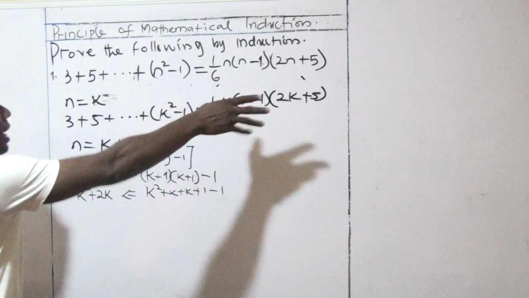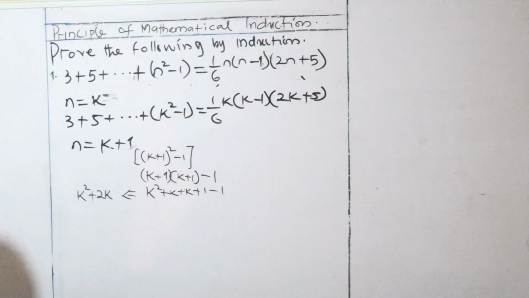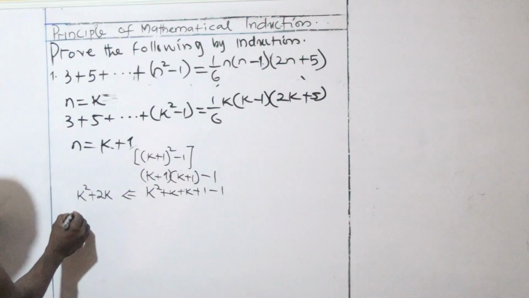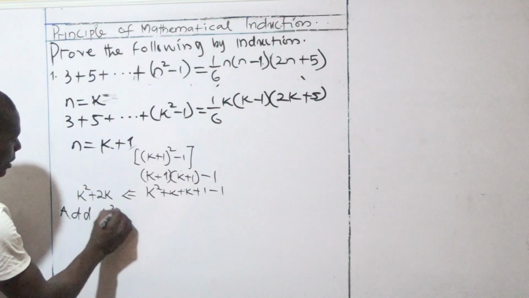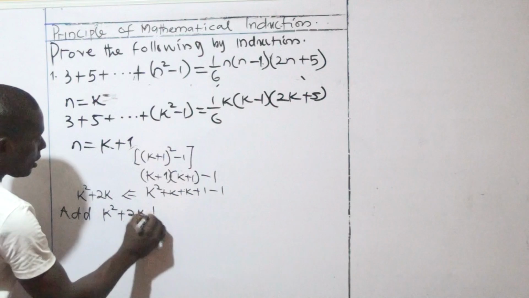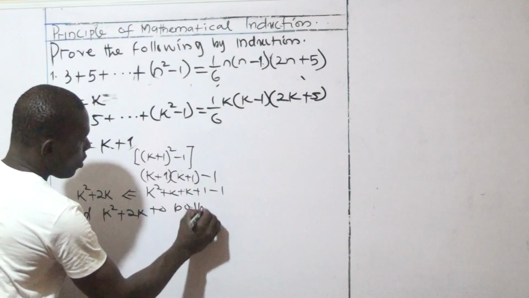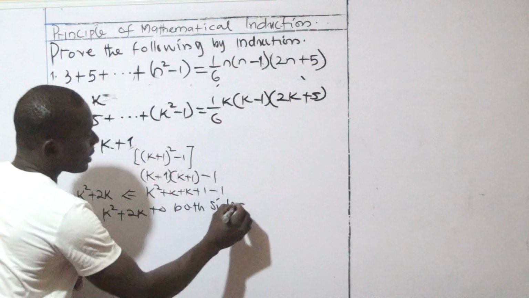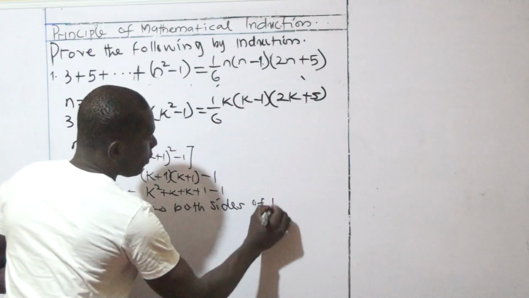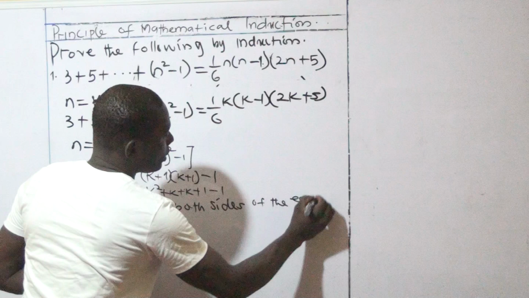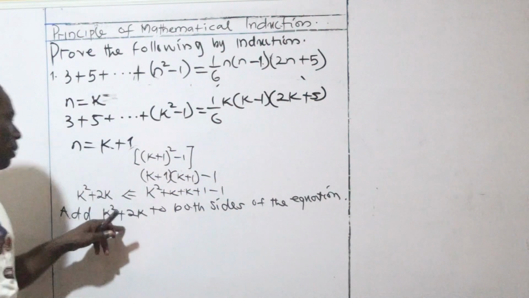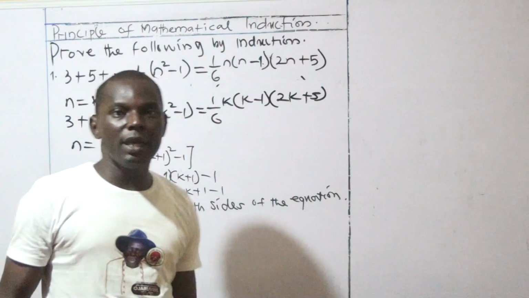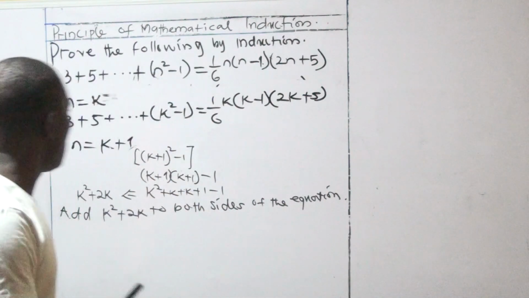So take note, add k squared plus 2k to both sides of the equation. That's the next thing we will do.